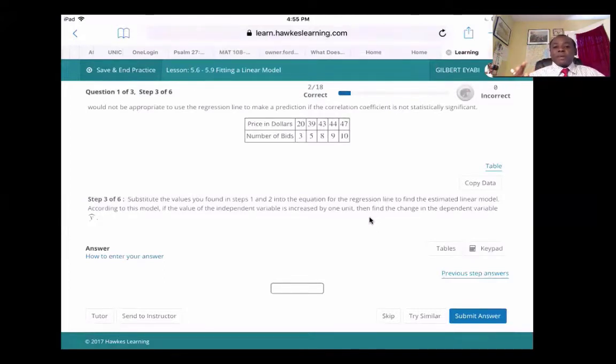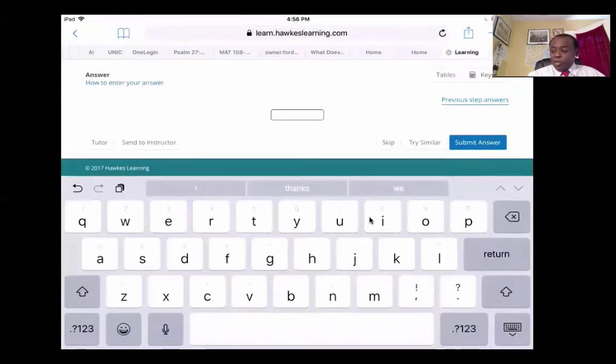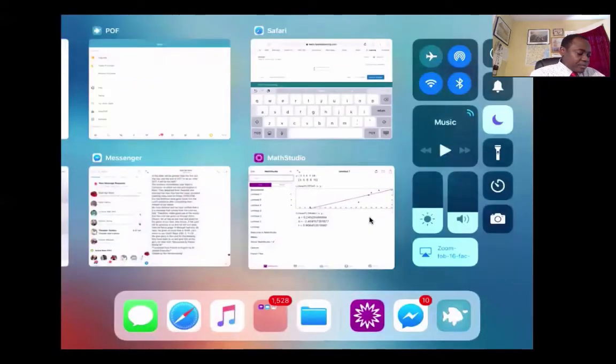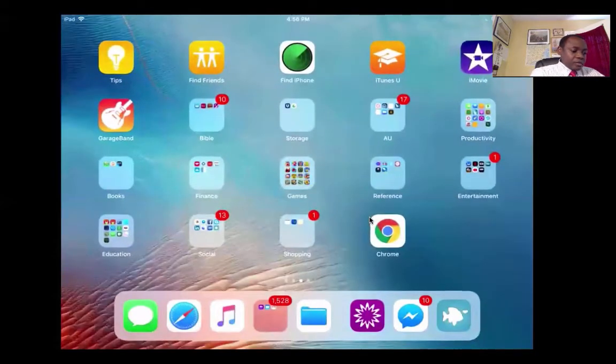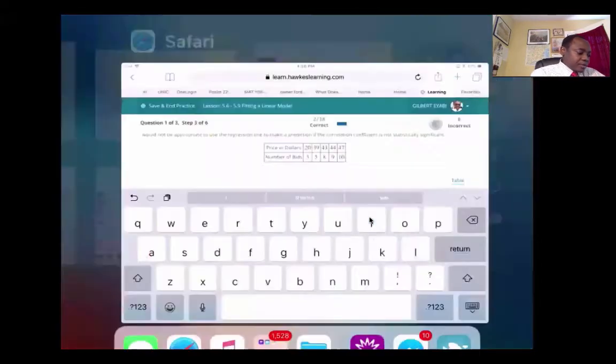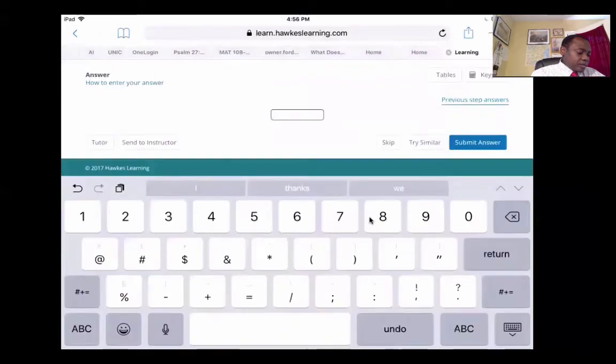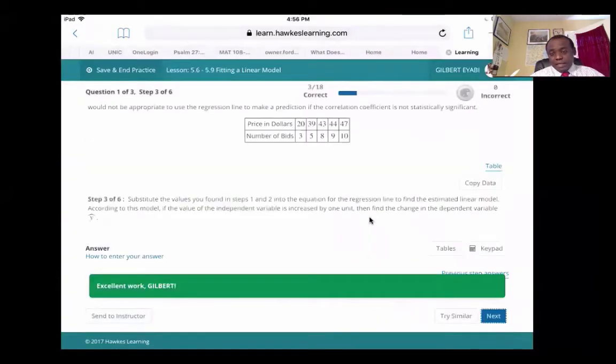All you have to remember is whichever one of those symbols represents the slope would be your answer. So in this particular case, your answer is going to be the slope. And the slope we got was, let's go back and look at it. Our slope, that is a, was 0.245, okay? So our answer is going to be nothing but our slope, which is 0.245, 3 decimal places. And that's the answer. So watch out for this particular question.